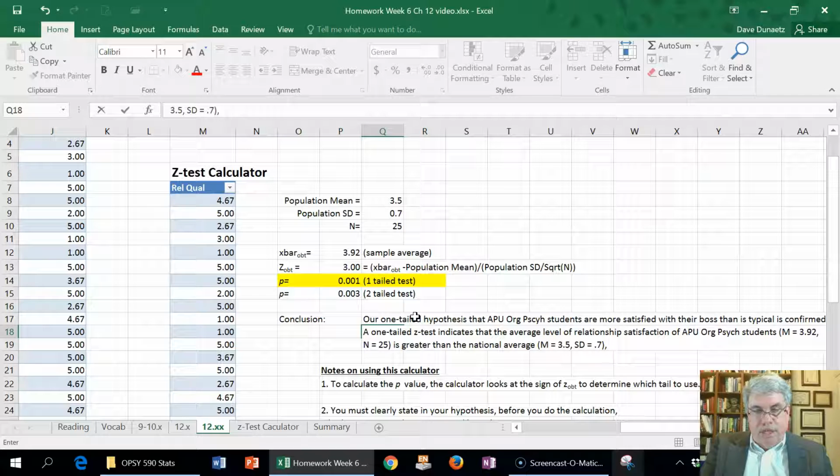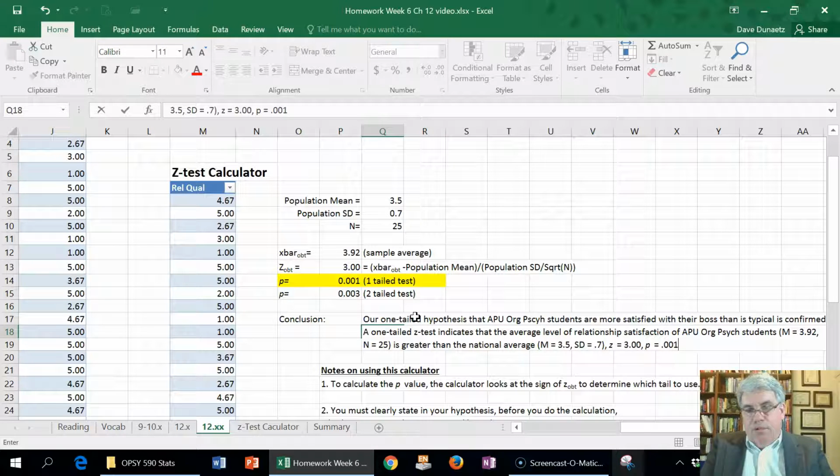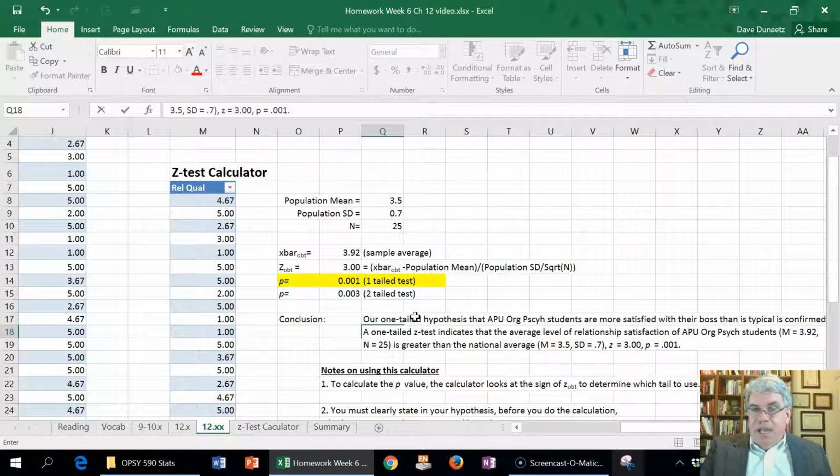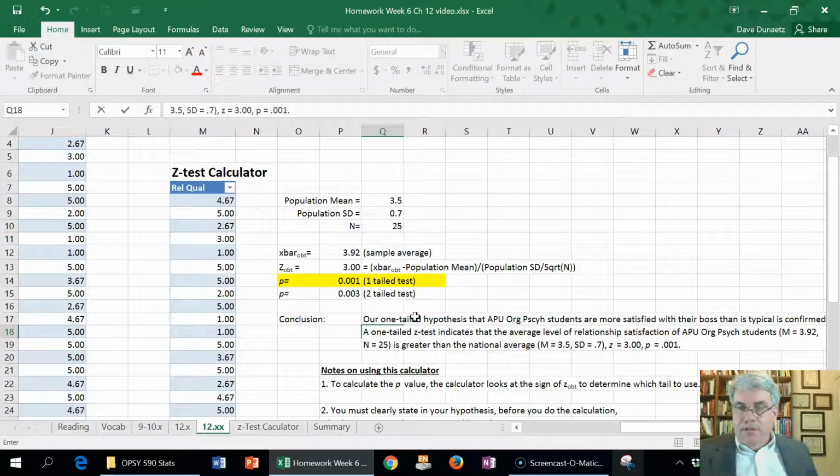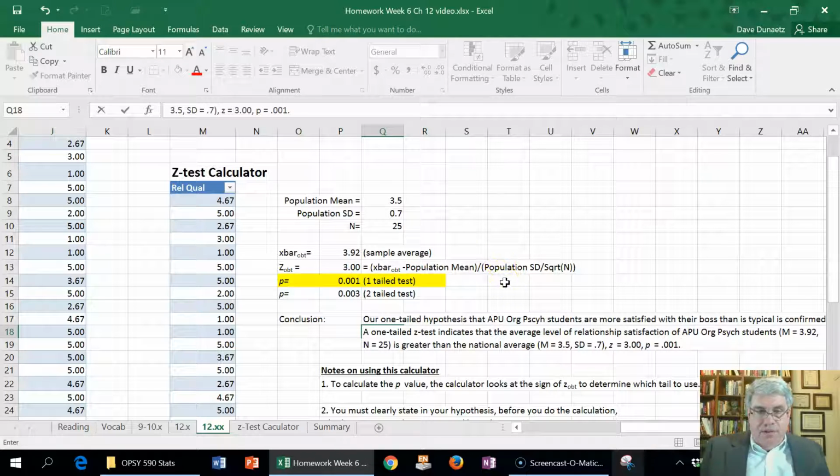So Control I is for italics, z, turn off the italics, space, equals. The z is 3.00, and Control I, p, Control I off, p equals 0.001. And so everyone knows that since p is less than .05, this is significant. So that's how we can write up our conclusion.